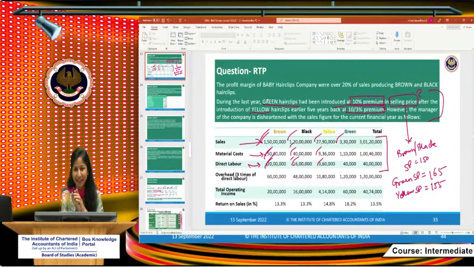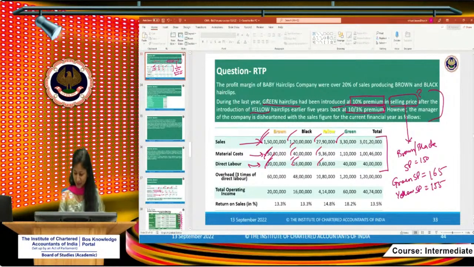I think now you are clear why this para was not useful. Just because in later paras the information was already utilized. That's why you need not apply any mind to this particular para. But just in case no information was given later on, you would have applied this para using the single selling price of 150.